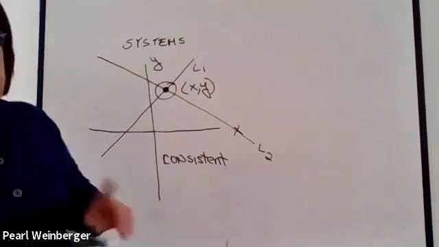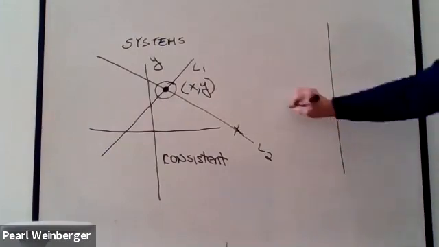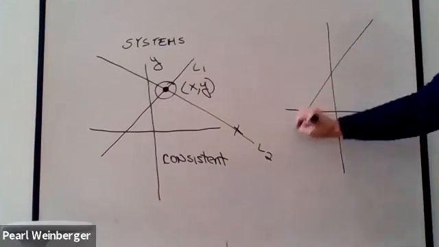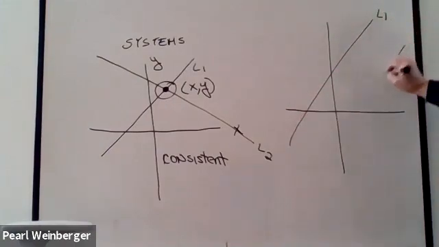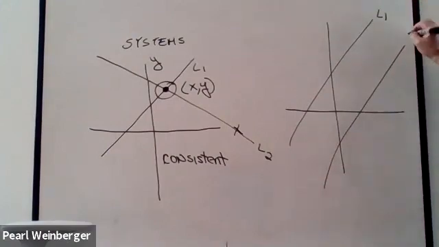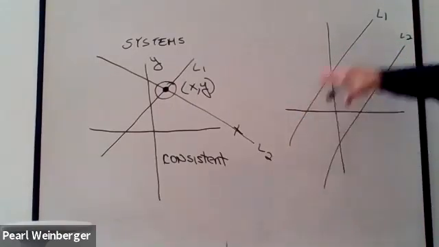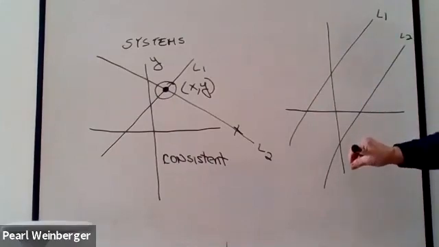Now, if you think about it, something else might have happened when you draw two lines on the graph. Let's say this is line 1, and this one is line 2. And these two lines, no matter how far you extend them, do not meet.